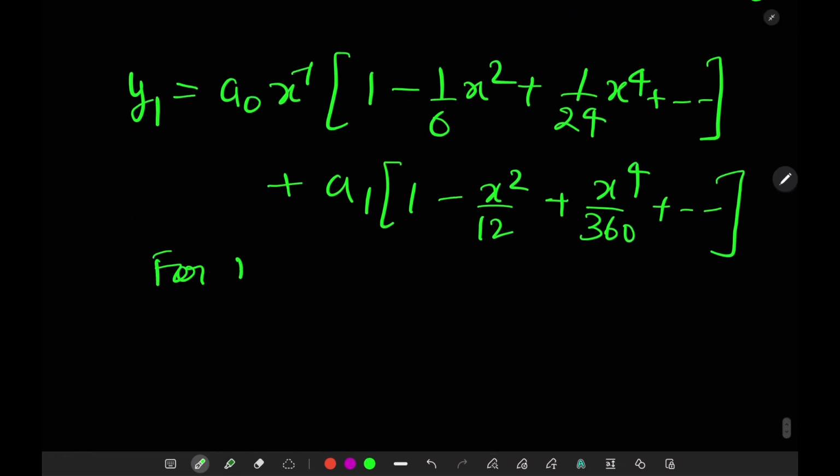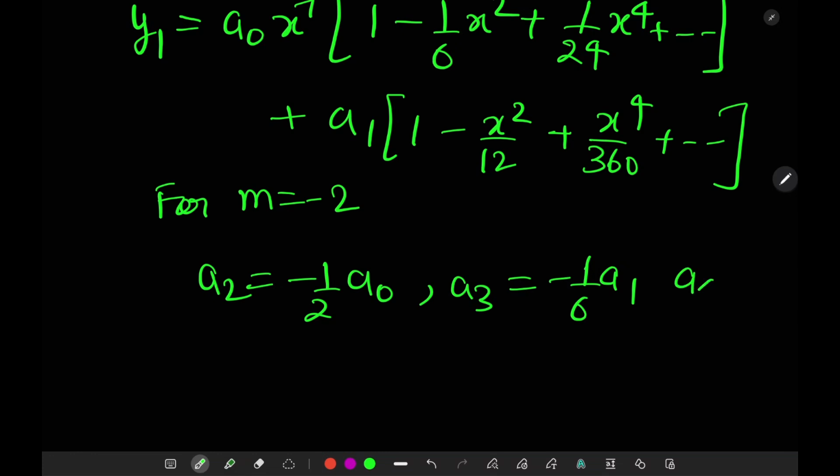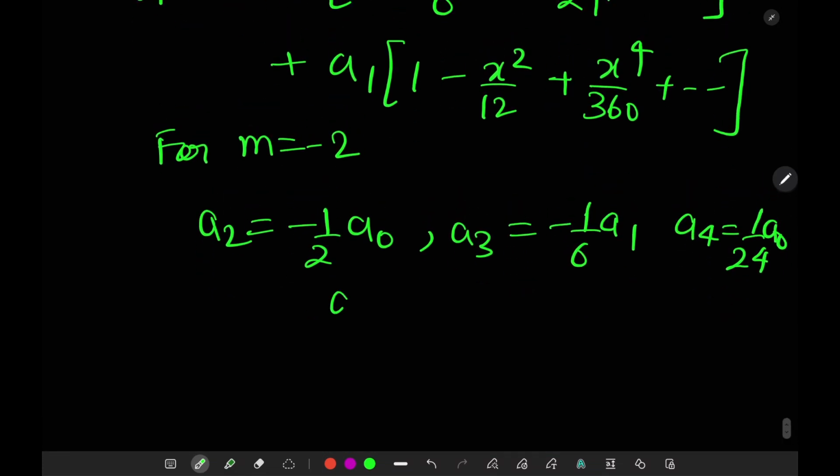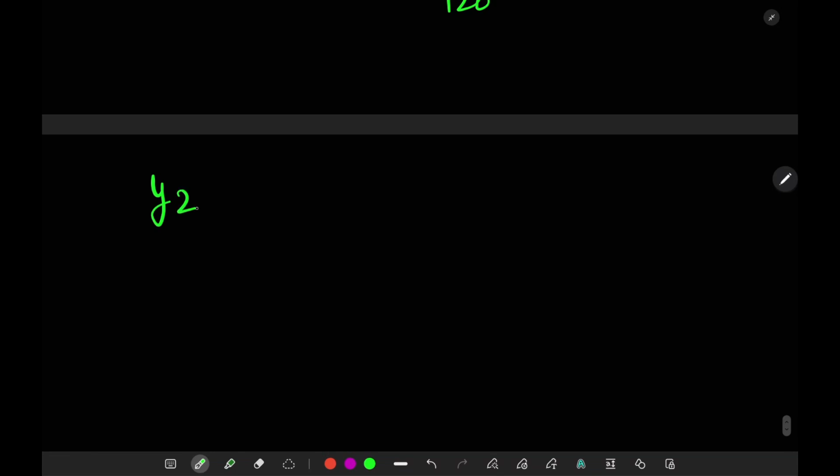For m equal to minus 2, a2 is equal to minus 1 by 2 a naught and a3 is equal to minus 1 by 6 a1 and a4 is equal to 1 by 24 a naught and a5 is equal to 1 by 120 a1. So we can write here y2 is equal to this.